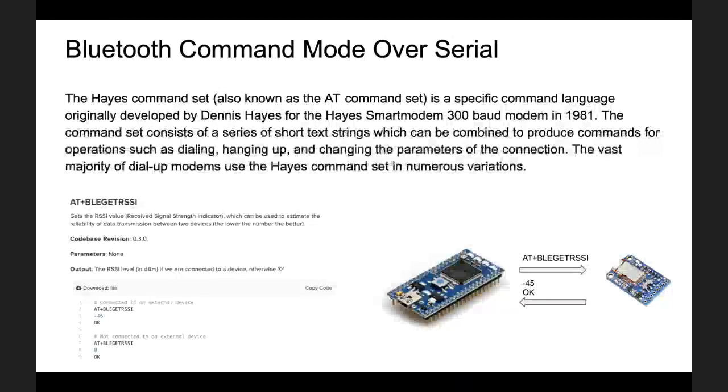For our particular example, we're using AT+BLEGETRSSI, and the Bluetooth will respond back to us with a negative number, which is the RSSI reading, and an OK. We can use data processing techniques to parse through the numbers and get the useful information for our application.